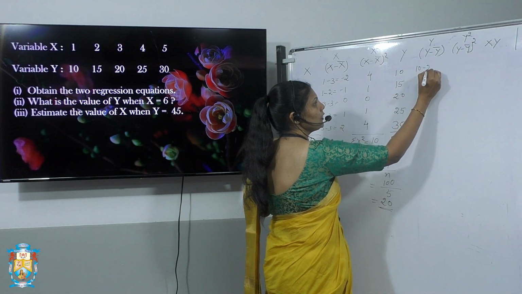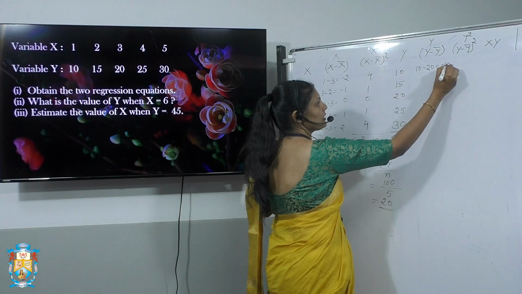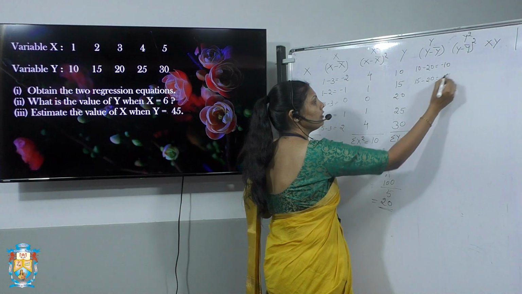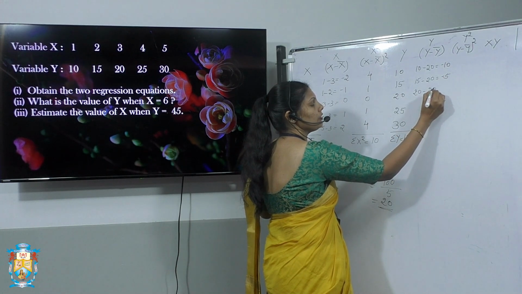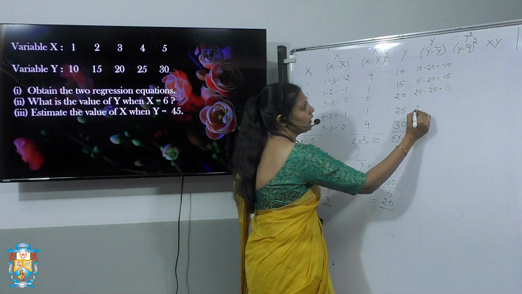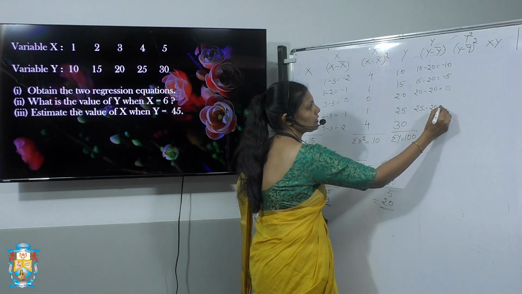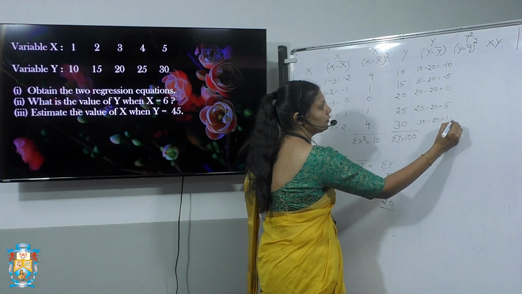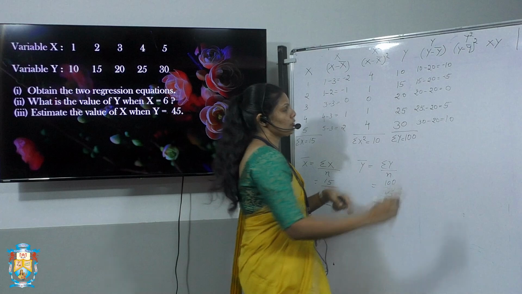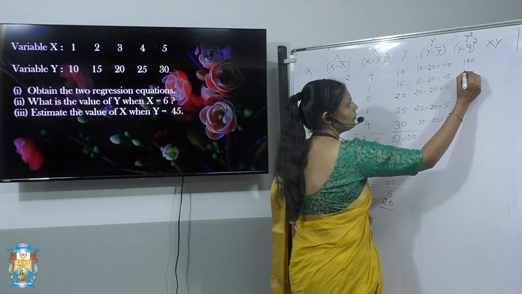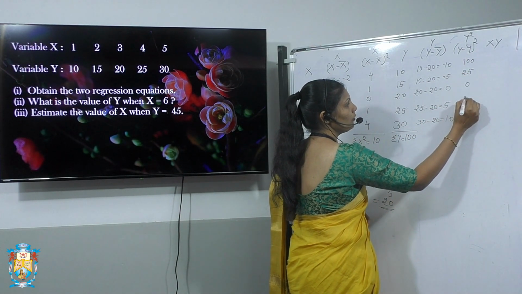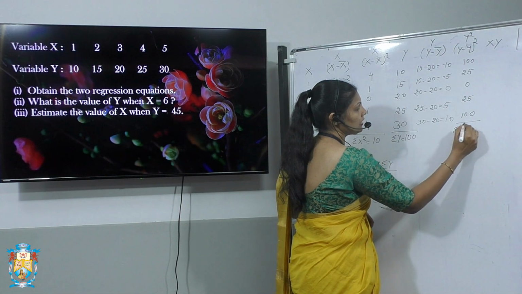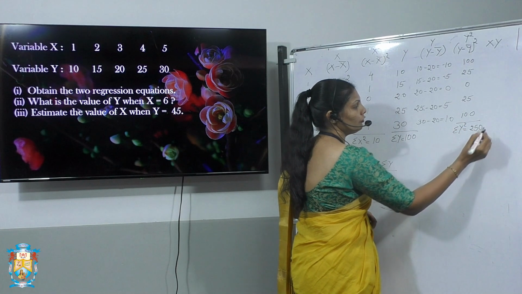Now 10 minus 20 is minus 10, 15 minus 20 is minus 5, 20 minus 20 is 0, 25 minus 20 is 5, and 30 minus 20 is 10. Then we have to find the square of that: 100, 25, 0, 25 and 100. So the summation y square we get is 250.